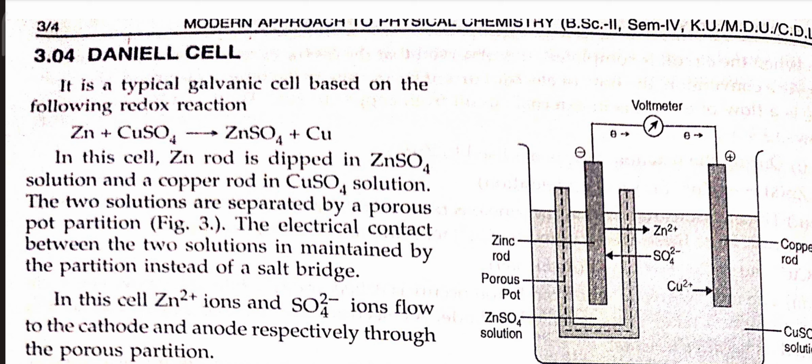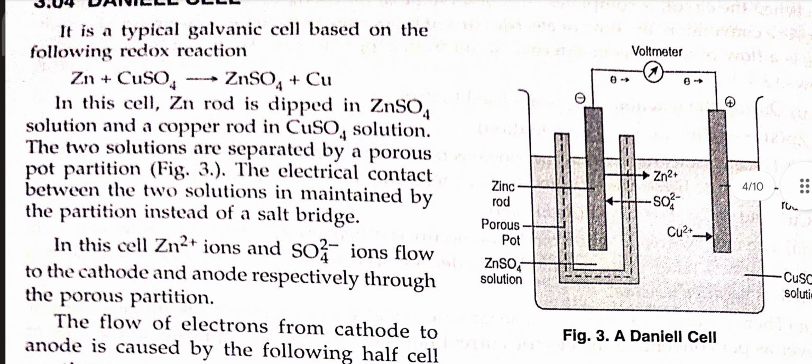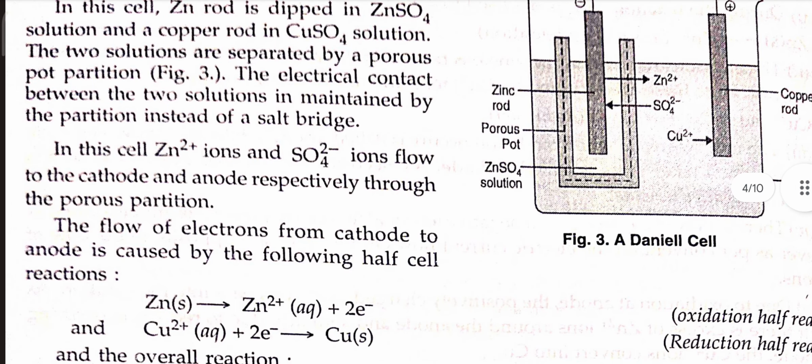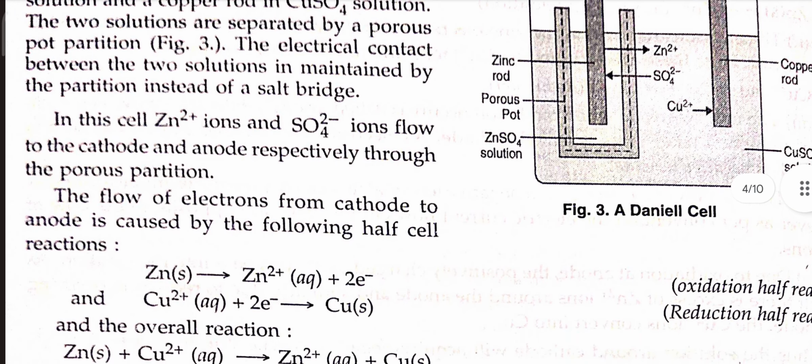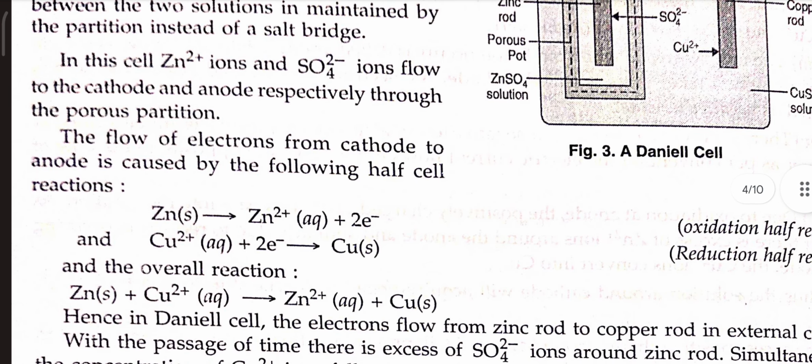In this cell, Zn2+ ions and SO4 2- ions flow to the cathode and anode respectively through the porous partition. The flow of electrons is caused by the following half cell reactions.